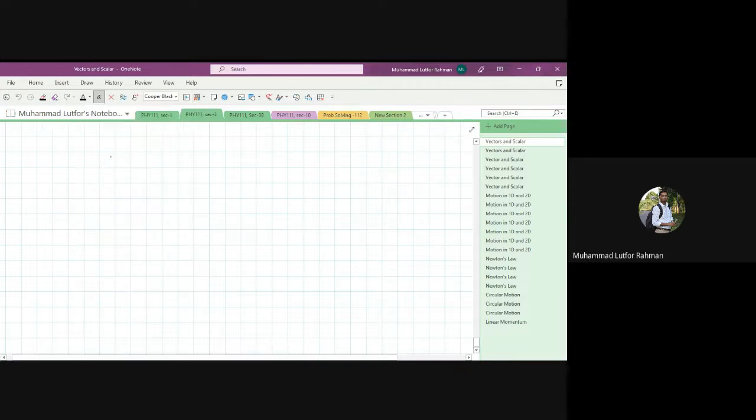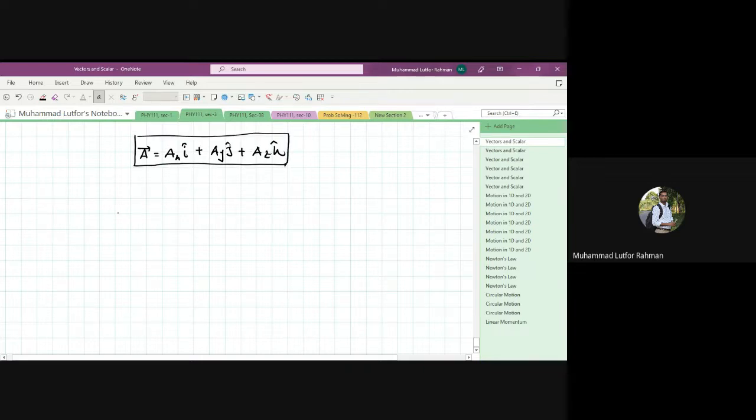So suppose you have a vector. That vector we express in our familiar Cartesian coordinate system in that way: x i hat, y j hat, and z k hat. That's the general representation of a vector in Cartesian coordinate system.